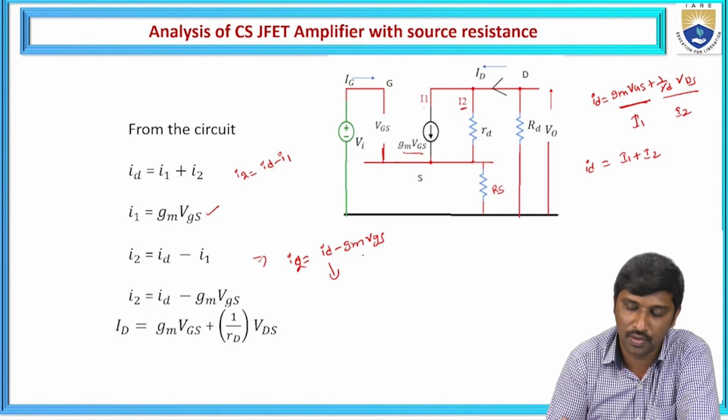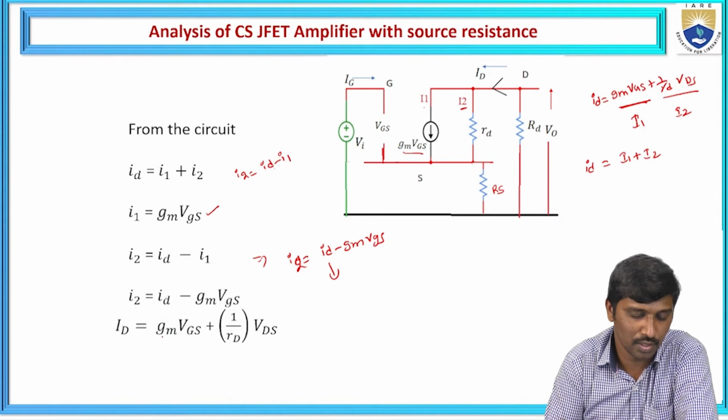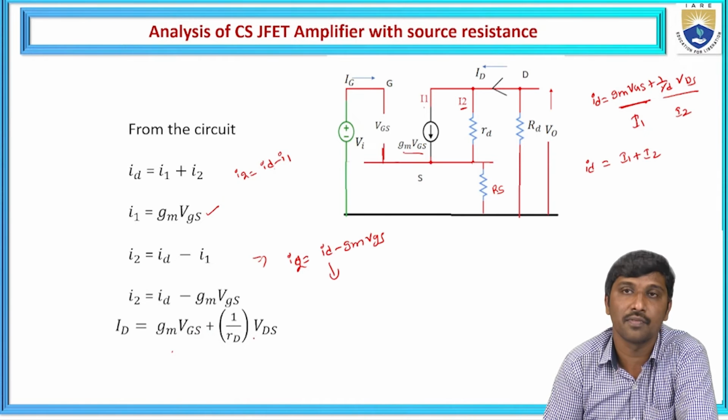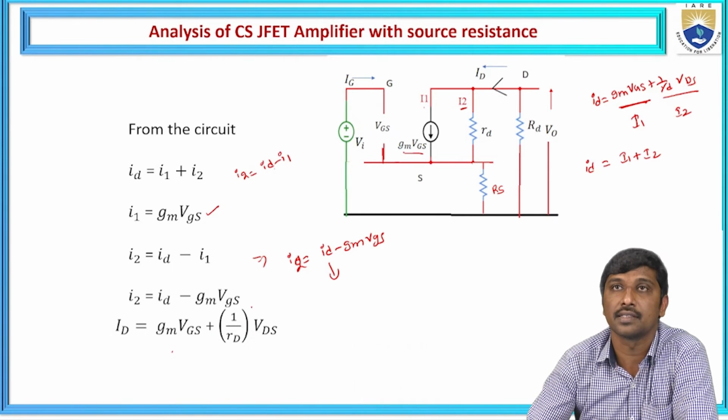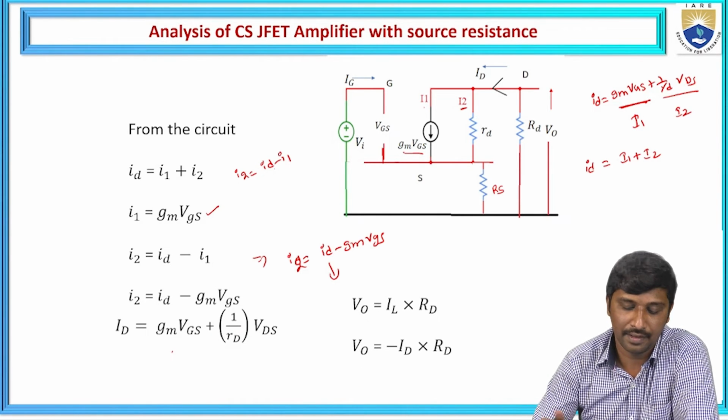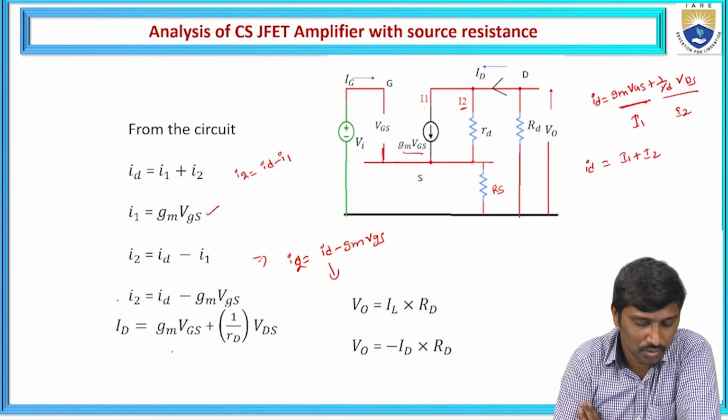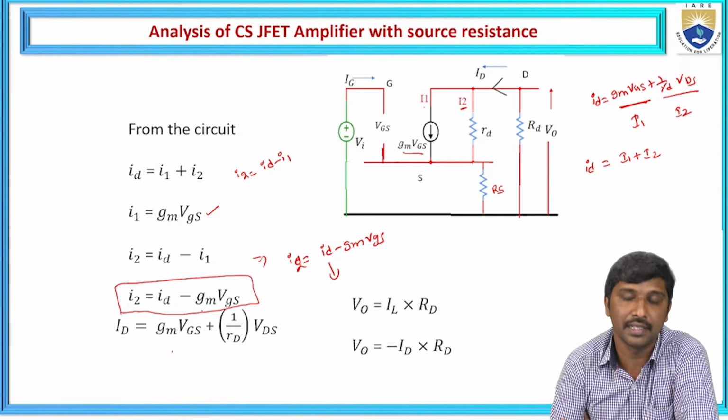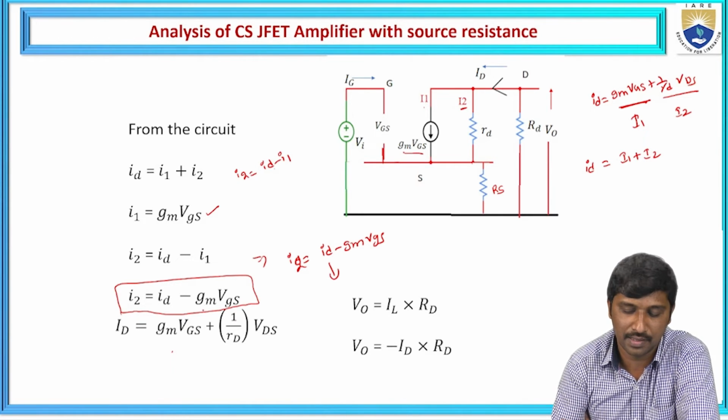Now, what is the ID value? Again, you can substitute: ID is equal to Gm into VGS plus 1 by RD into VDS. So whenever we require I2, we can use ID minus Gm into VGS.